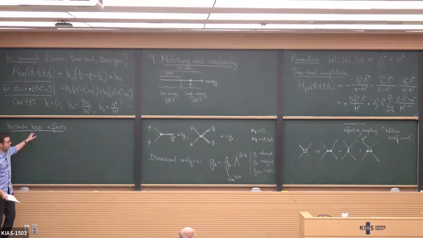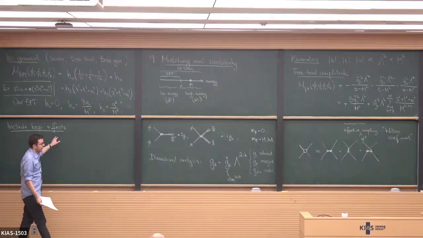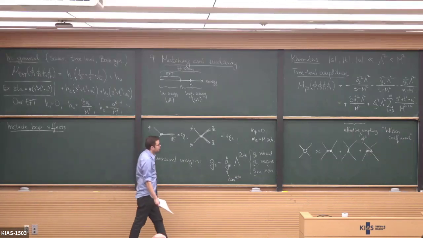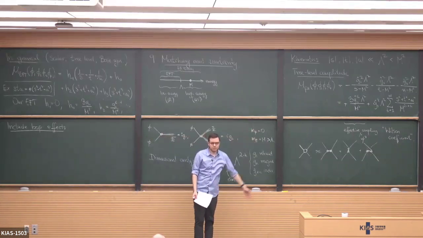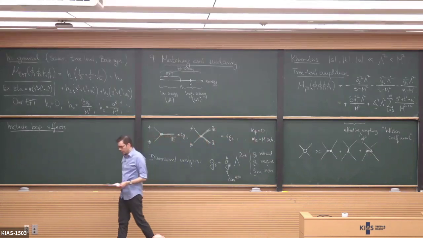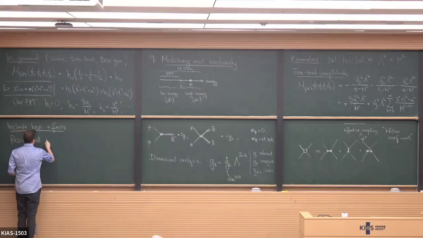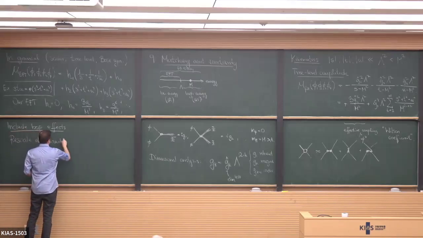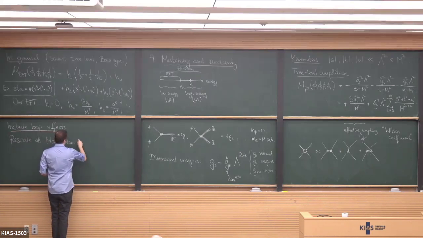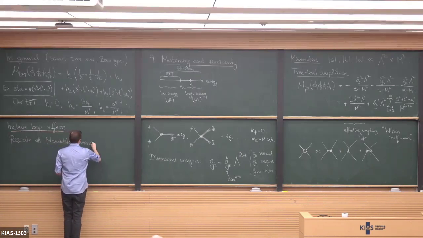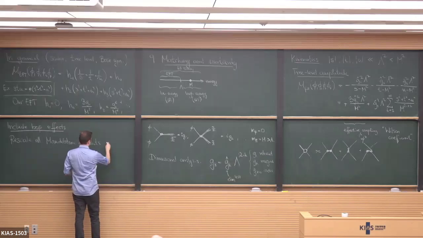So at the beginning, it might look like I'm just doing something very weird and complicated. And at tree level, it will be, in fact, like a sledgehammer tool to do something that we could have done using Taylor expansion. But we'll see that it's actually a powerful tool when it comes to generalizations to loops. Okay, so what I'm going to do is first rescale all Mandelstam invariants with some parameter z.